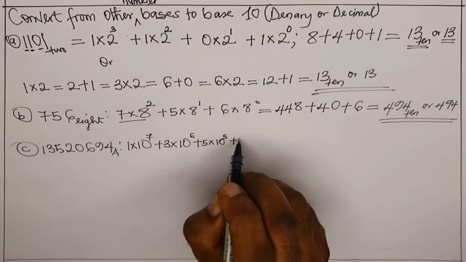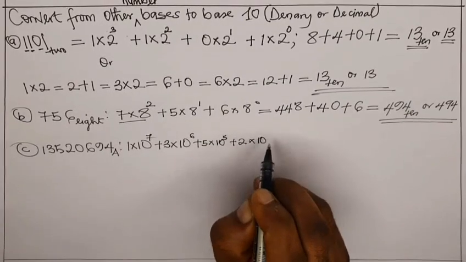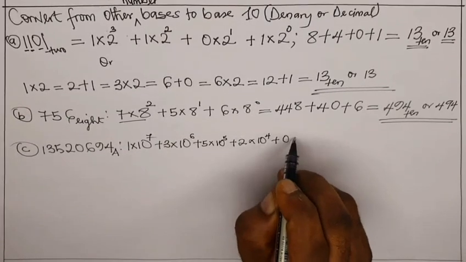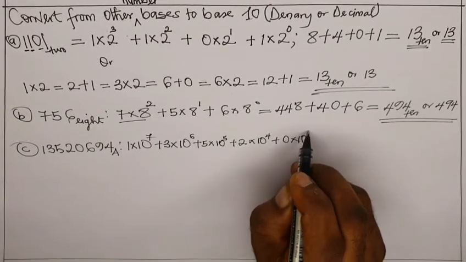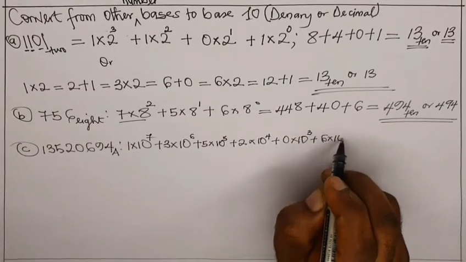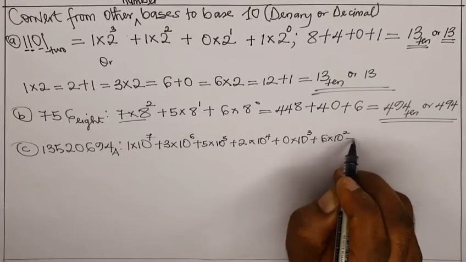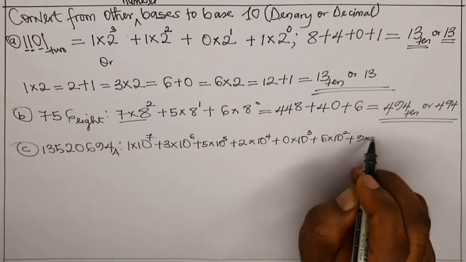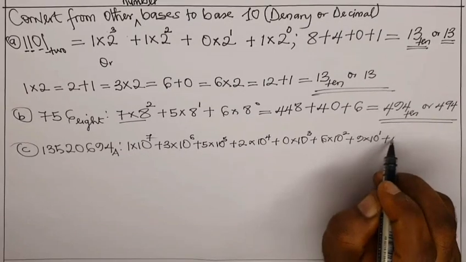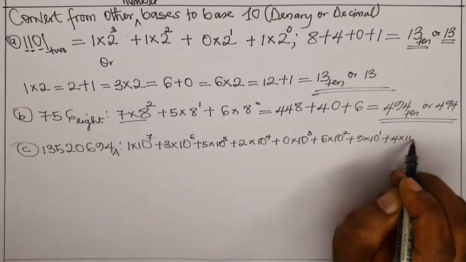Add 2 multiplied by 10 to the power of 4. Add 0 multiplied by 10 to the power of 3. Add 6 multiplied by 10 to the power of 2. Add 9 multiplied by 10 to the power of 1. And finally, add 4 multiplied by 10 to the power of 0.